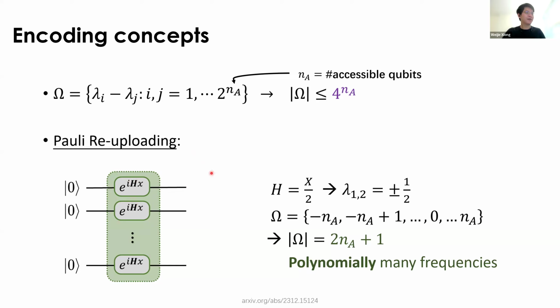But the key of Pauli reuploading is that the generator for each qubit is the same. Consequently, the frequency spectrum of this whole unitary is equidistant, and you will only get polynomially many frequencies.